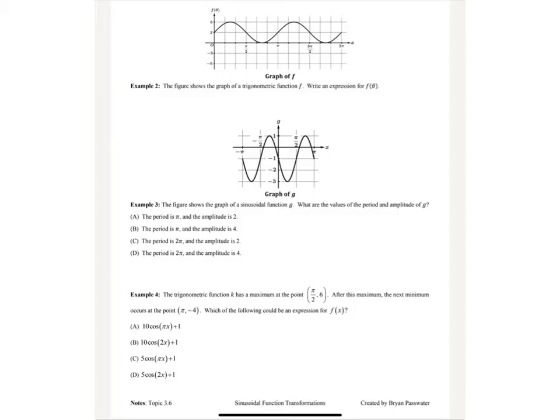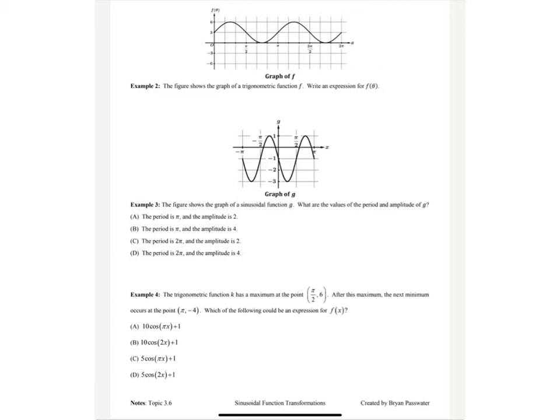Typically, I look at the y-axis. If I can tell that it's starting with a hump, cosine. If I can tell that it's starting to rise, sine. Because I know sine goes through the origin and cosine goes through 0, 1.